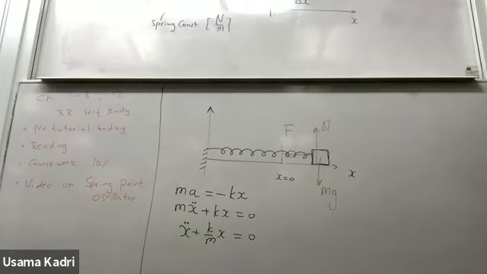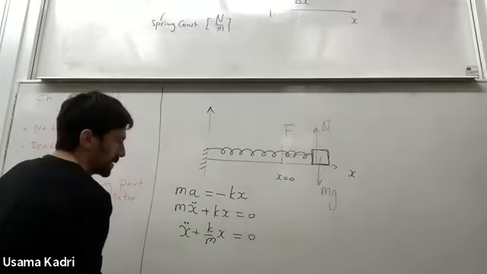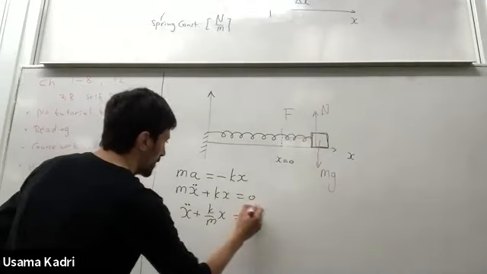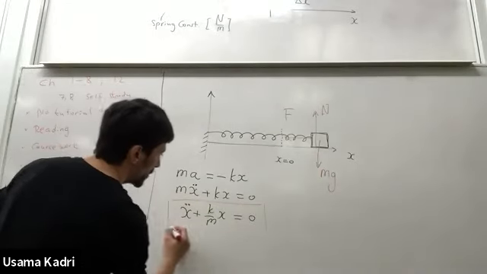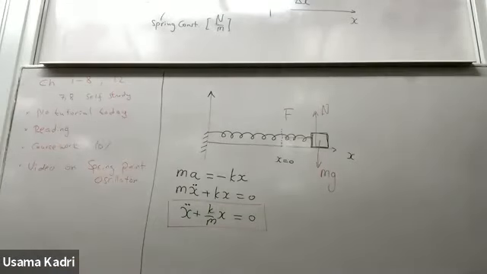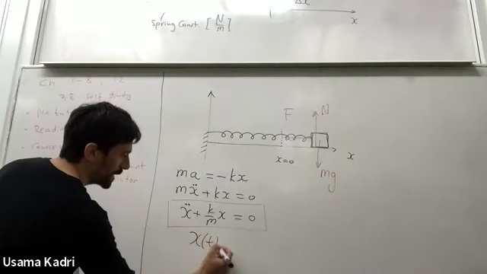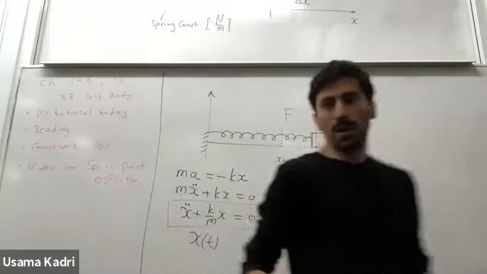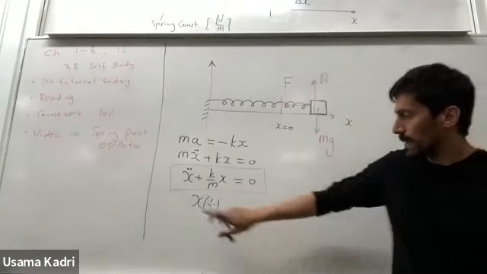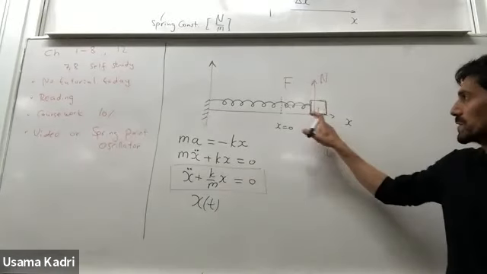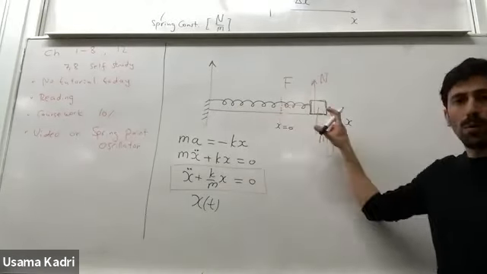What we end up with is this differential equation. You might already know the solution for this differential equation. By solution, I mean we need to find some x of t, so we want to describe the position of this object at any moment in time.